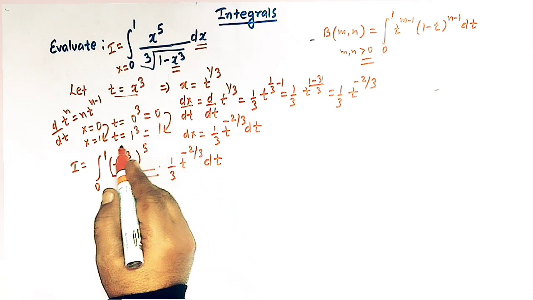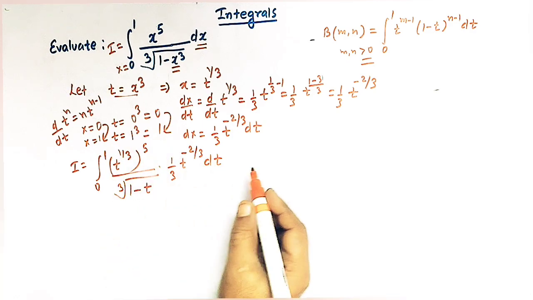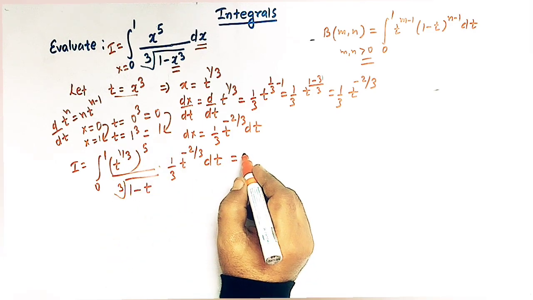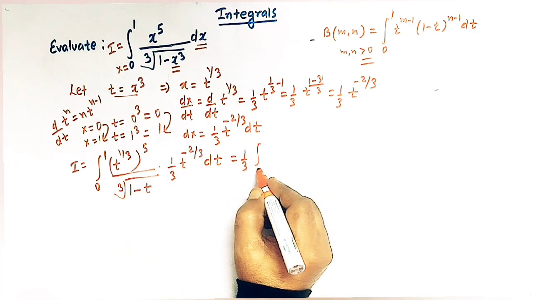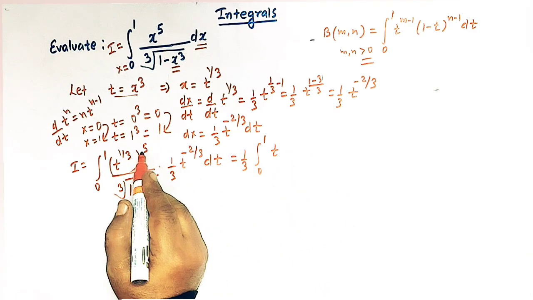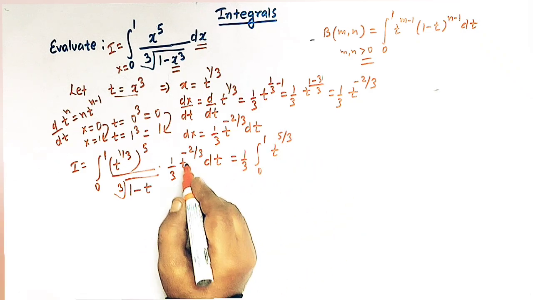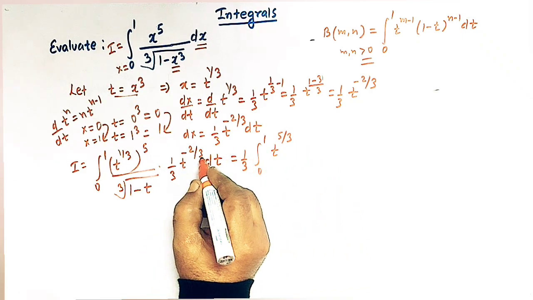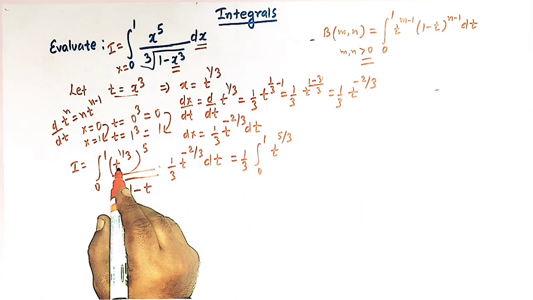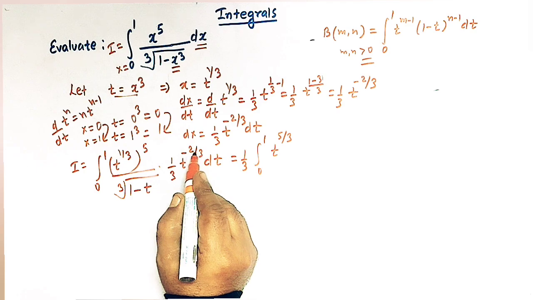So now let us simplify or rearrange this integrand, and we can take 1 over 3 outside the integral. We have 0 to 1 t raised to 5 over 3, and then we have here t raised to minus 2 by 3. So we can use the laws of exponents to add these two numbers.